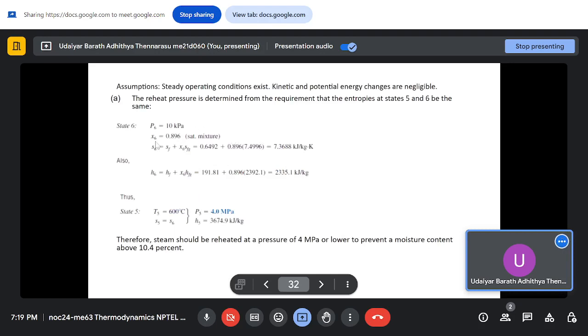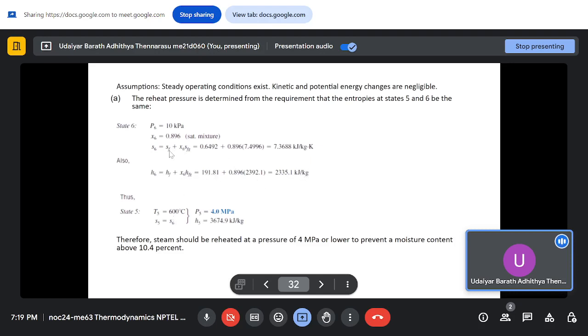Using that we can find out the state 6 entropy. It comes out to be 7.3688 kilojoule per kg Kelvin. So S6 will be equal to S5, and then H6 we can also find using the dryness fraction. It will come out to be 2335.1 kilojoule per kg.